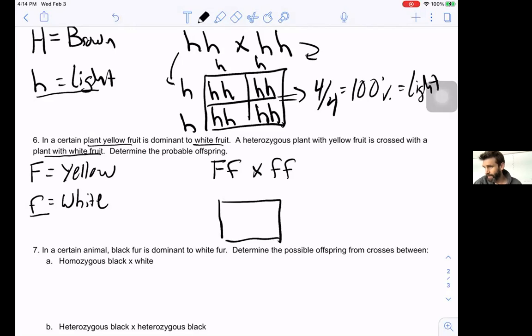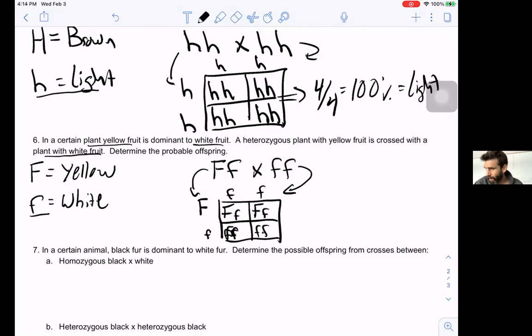Again, we'll make our square. These go here. I'm going to try to make this that capital F, lowercase, lowercase, lowercase, because those came from there. So from here, we're going to get half of our offspring are going to be heterozygous. Oops, I should make those more the same size.